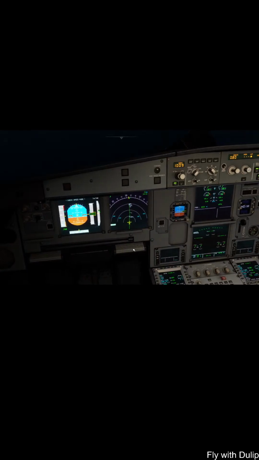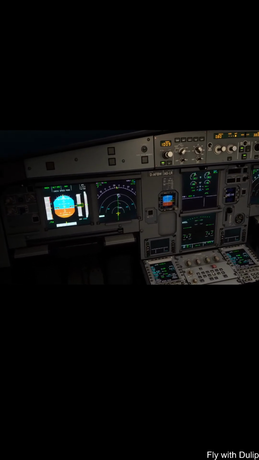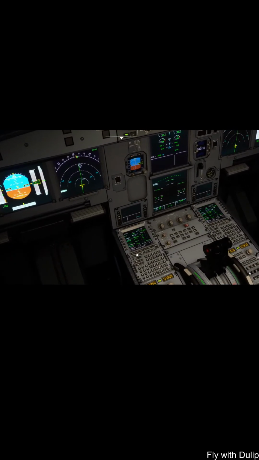Mach decimal 7 for SriLankan 103. Copy SriLankan 103, cleared HOKEY 1 Alpha arrival for ILS X-ray approach runway 36.